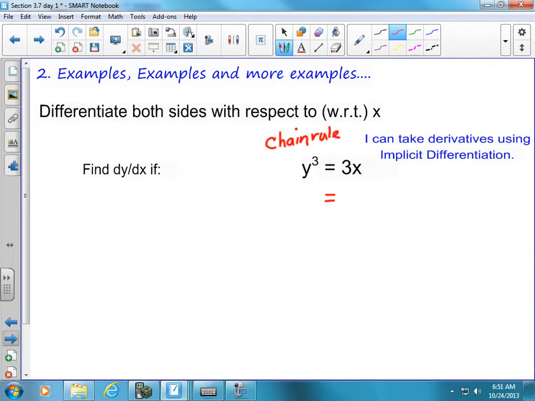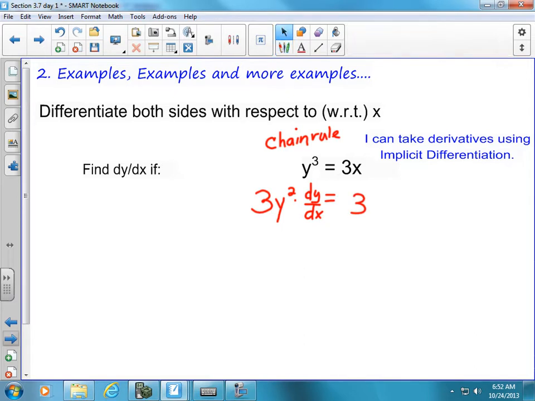Okay, so chain rule is in effect. Chain rule with the y is 3y squared. We're taking the power chain rule. And then we multiply this times the derivative of the inside. We don't actually know an exact derivative for the inside, but we know the derivative of a y is dy dx. That is the derivative of the left-hand side. The derivative of the right-hand side is 3.